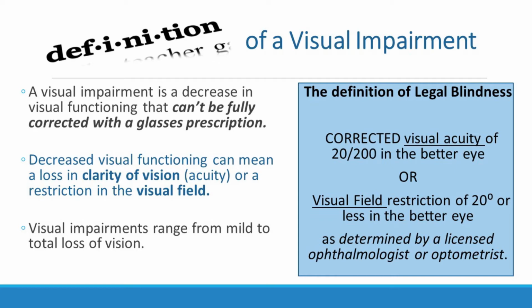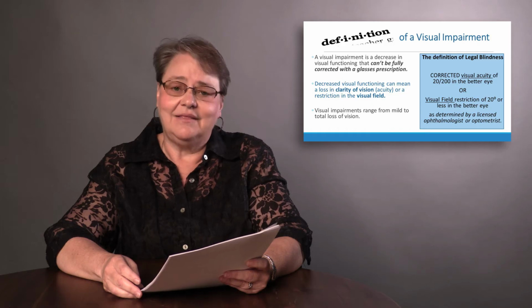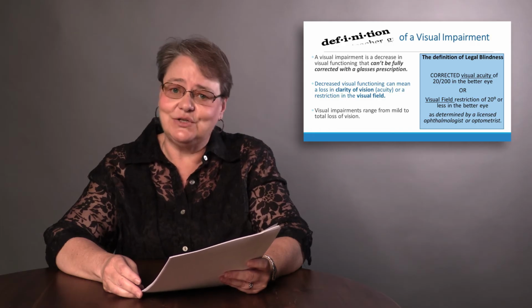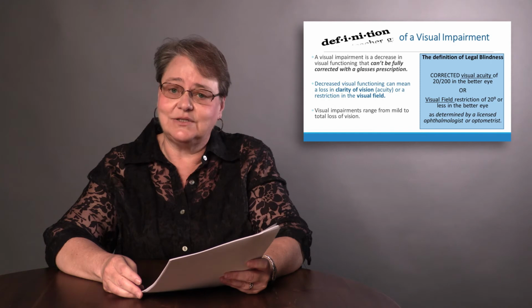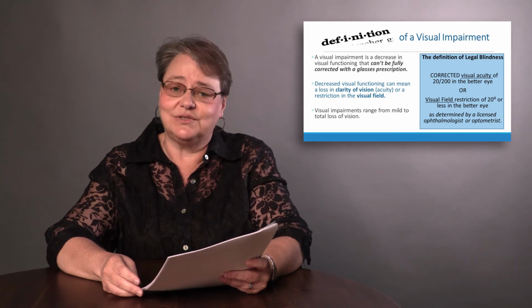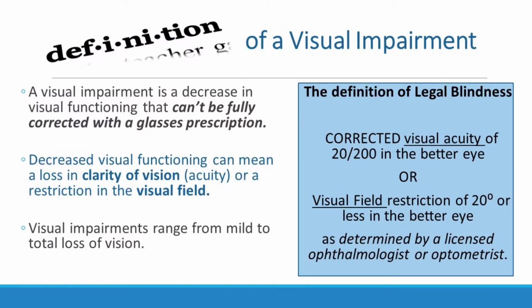The term visual impairment is a generalized term that encompasses a wide range of conditions of the eye. These conditions have an impact on the student's ability to access print or other resources that use vision. By definition, a visual impairment is a decrease in visual functioning that cannot be fully corrected with a glasses prescription.